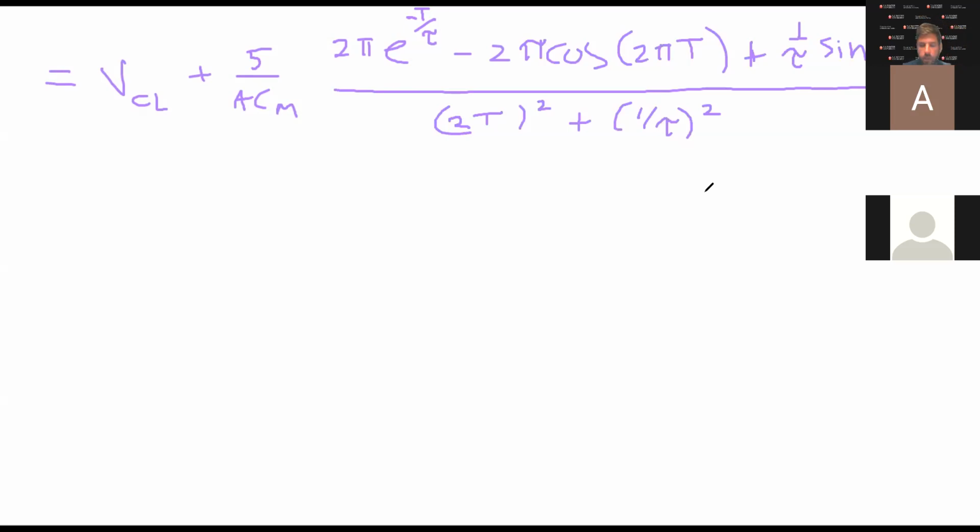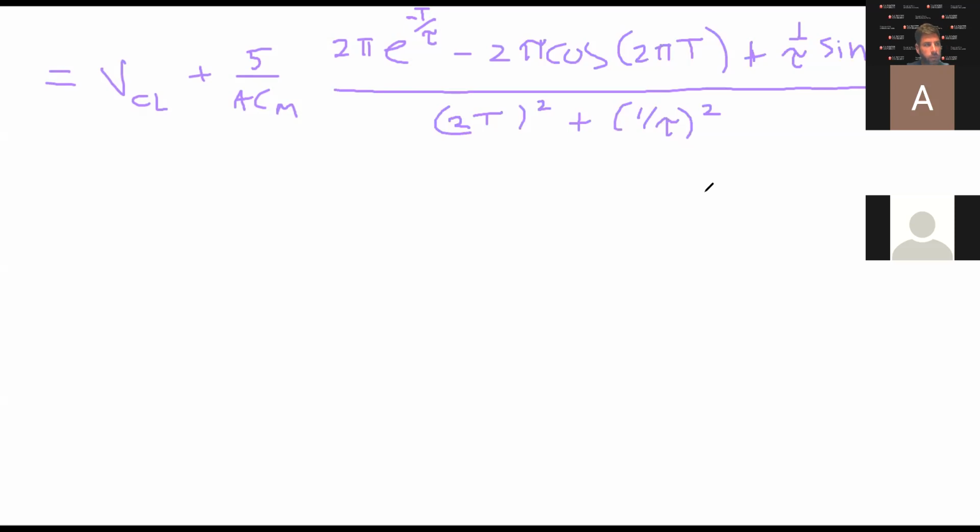What's interesting is if you look at this expression, what happens when T goes to infinity? When T goes to infinity, there are 3 terms in the numerator.